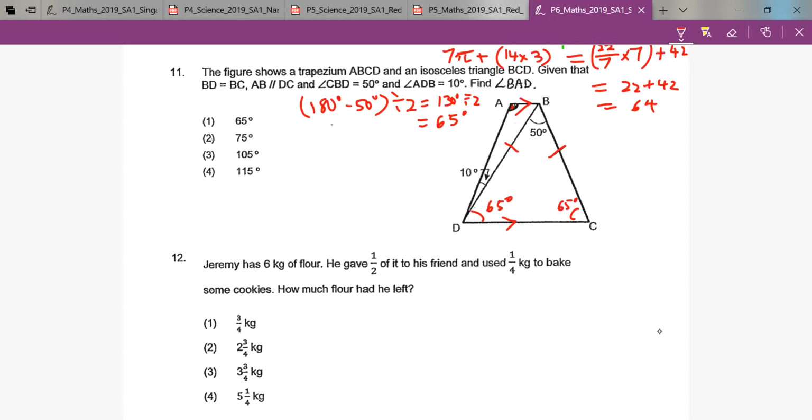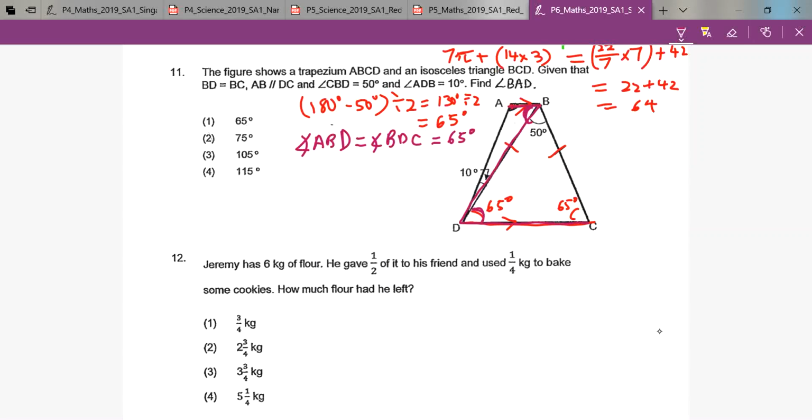This is also 65. The next clue that you have is that line AB is parallel to CD. If you remember your properties, this should give you what we call the alternate angles. So angle ABD is equal to angle BDC, which is equal to 65.